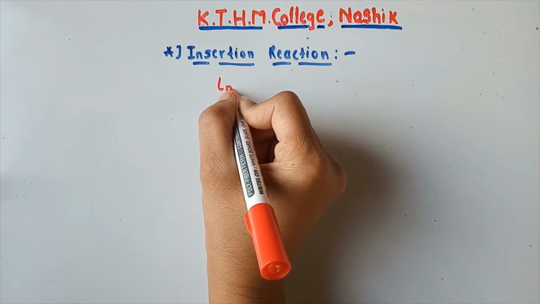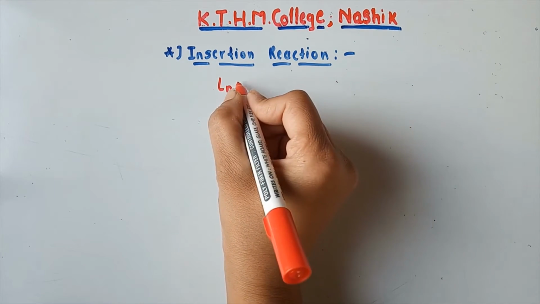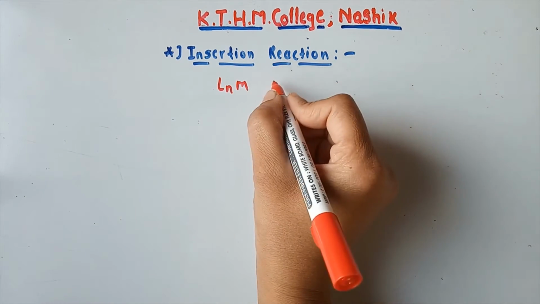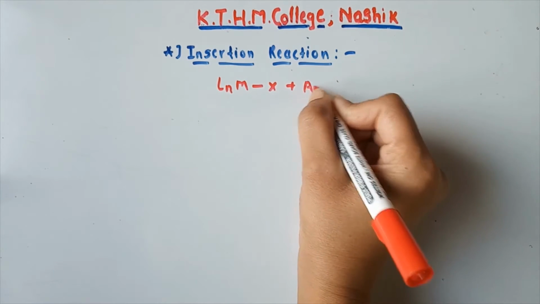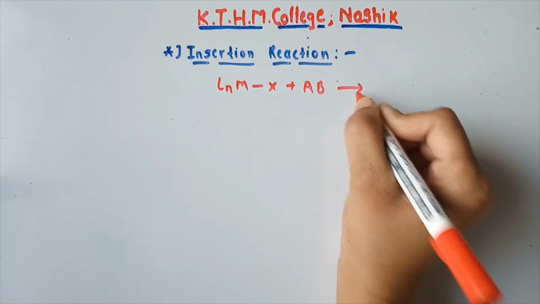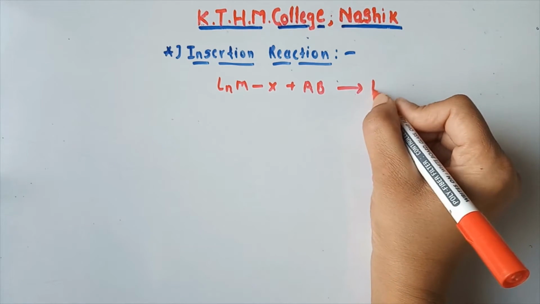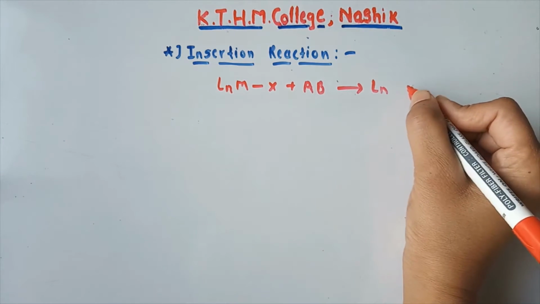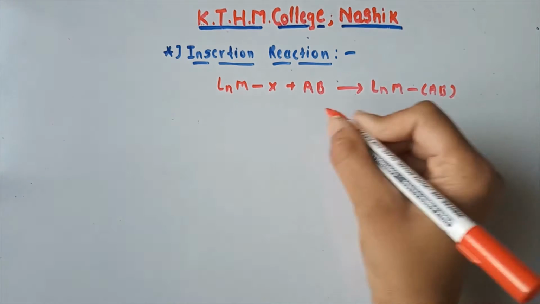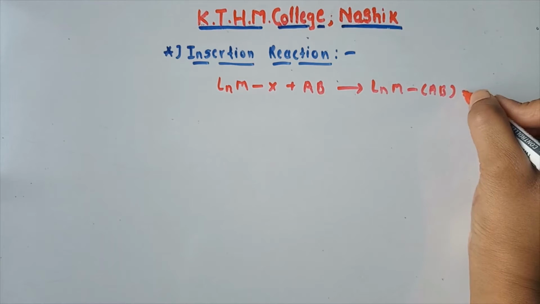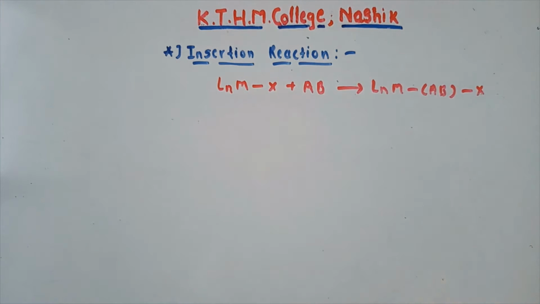If this is the complex LnM plus AB, which gives LnMAB, here is the insertion of this AB. This is the product.